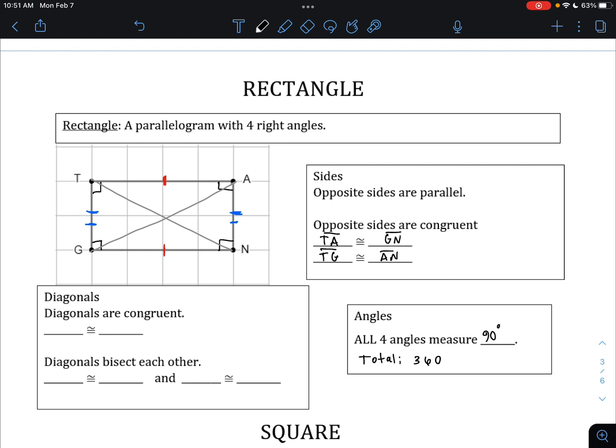They are the exact same. So those diagonals, TN and GA, those segments are congruent.